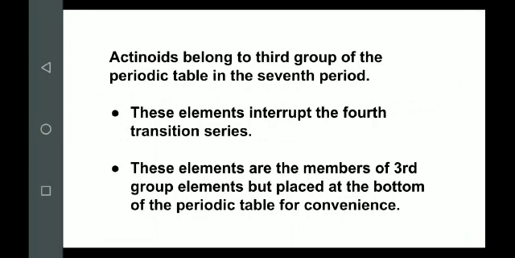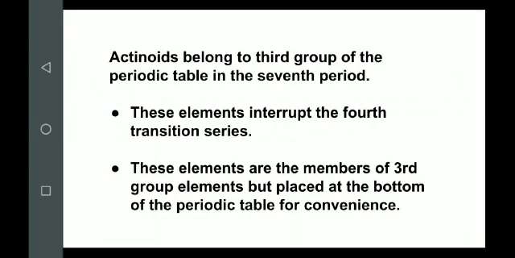As there are 14 elements, they are not placed at that position of the periodic table, and for convenience and for symmetry these 14 elements are placed at the bottom of the periodic table like lanthanoids.